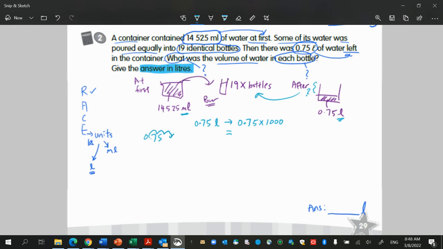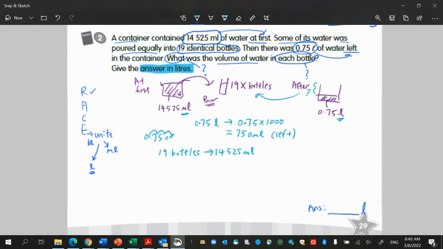So over here, I have 750 milliliters of water. This represents what's left. So I want to see what's used, what went into the 19 bottles. The amount of water that went in was actually 14,525 milliliters minus 750 milliliters.